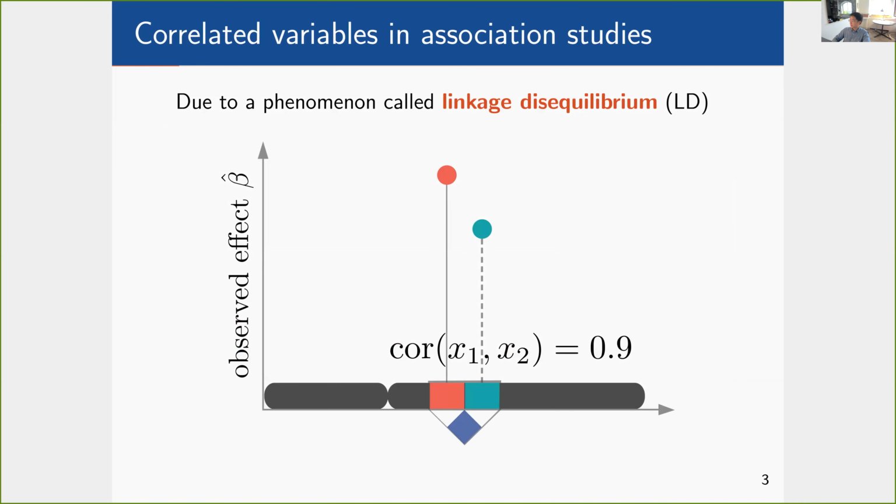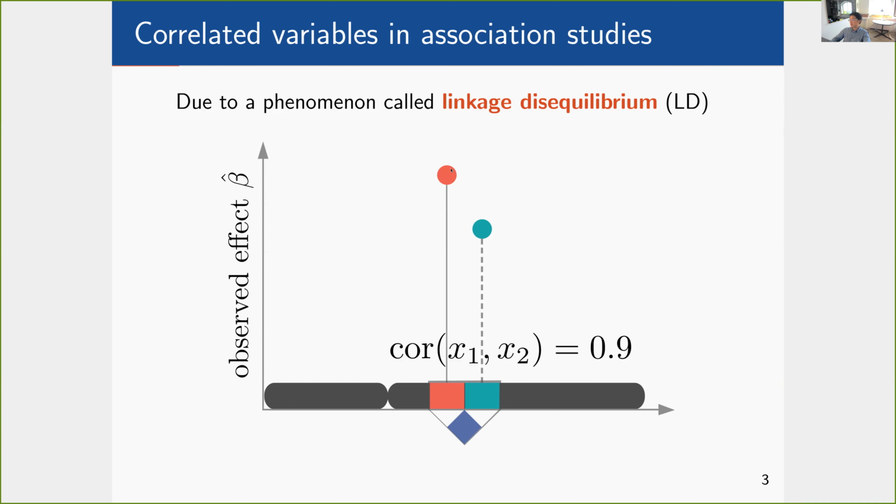So a very basic illustration of fine mapping in the context of linkage disequilibrium is that when you have a marginal summary statistic from your GWAS study, you probably get the effect size estimate on the y-axis, and then you look at this, both of these two SNPs seem to have an effect.